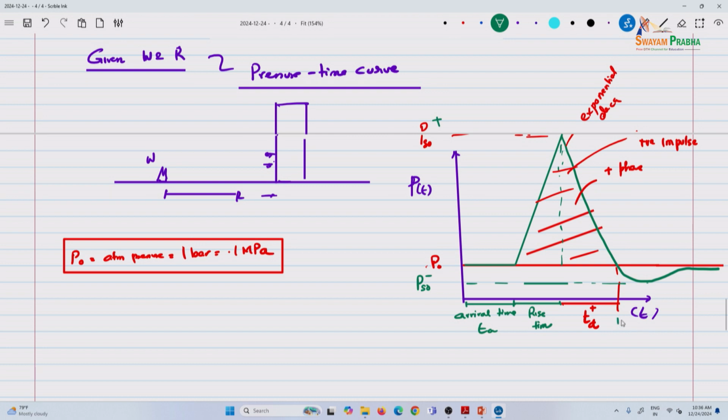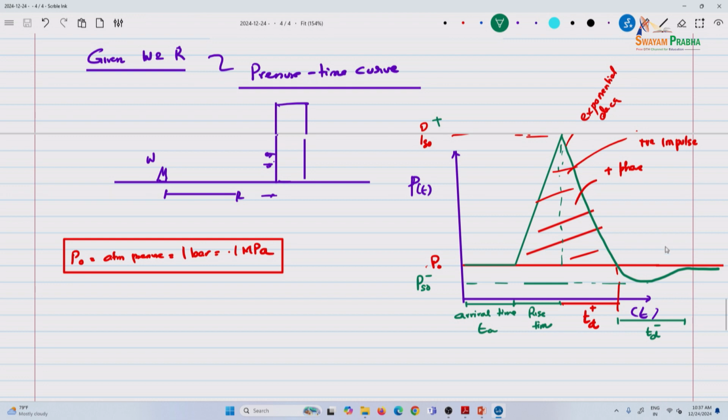And then you have the negative phase duration. It is not as important because the pressures are much lower, but it is important to consider the negative phases under certain design considerations, because it causes suction, and people forget that, and that can result in designs that could be not safe.